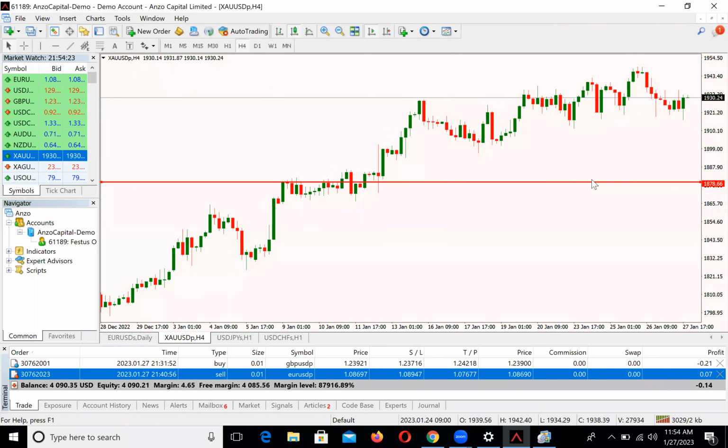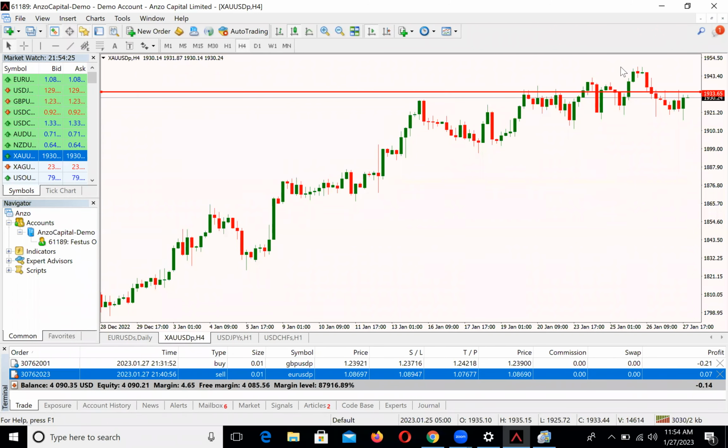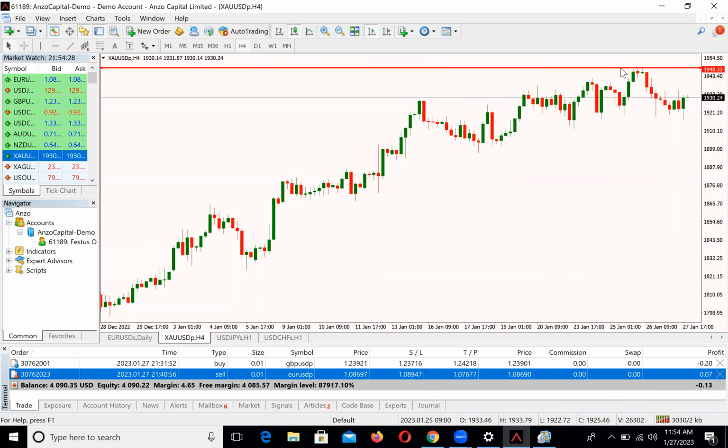Now you place sell limit above the current price. So if price gets to this point and hits here, place a sell for me, even if I'm not there, just like a pending order. For instance, you are not able to monitor the market and you have already analyzed the market to happen in that way, and you know you will not be there at that time to enter the trade.